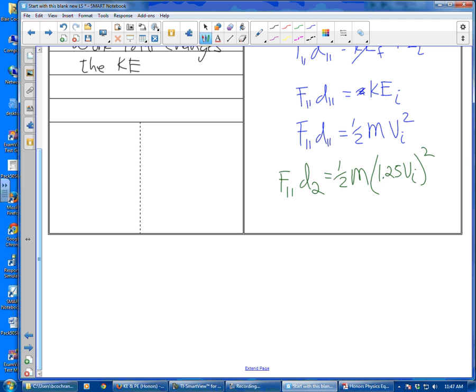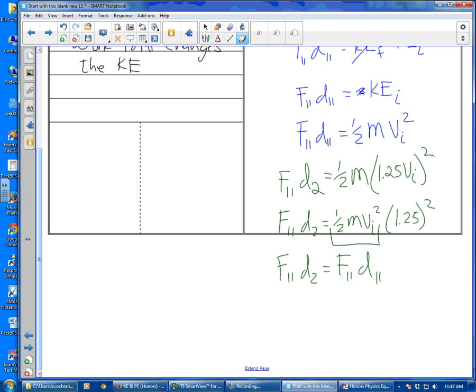So I'm interested in how D2 compares to D1. So I'm just going to do my 1/2 m V squared times 1.25 squared. The reason I did it this way is so I could group these two together and replace those by force parallel, D parallel, from the blue.